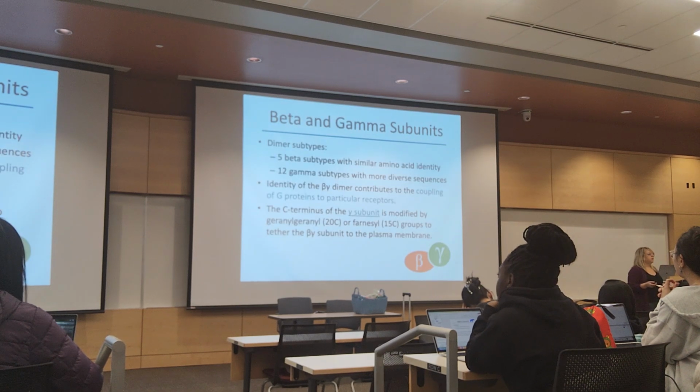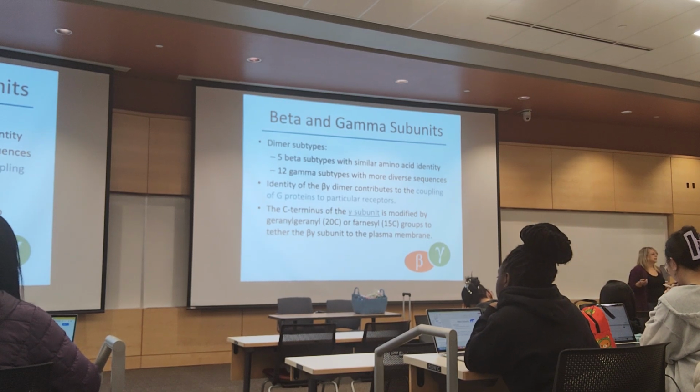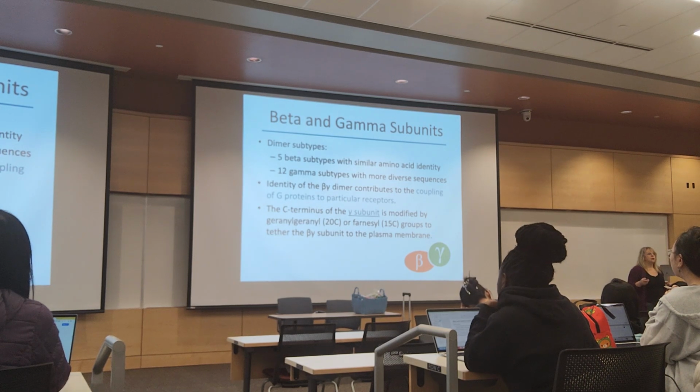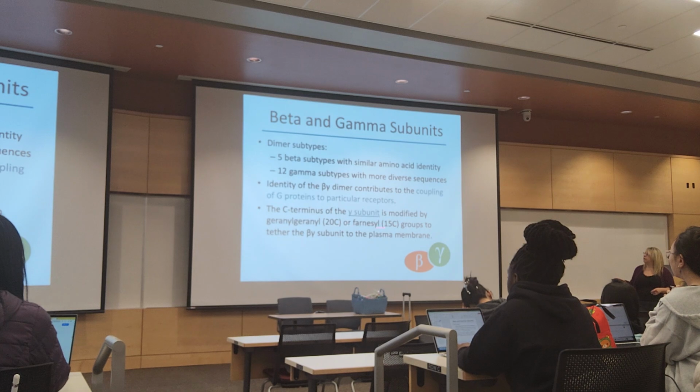And suffice it to say, I feel like we often neglect the beta-gamma dimer, but it does have some intrinsic activities itself. Of course, through that lipid moiety that's found at the end of the gamma subunit that's going to help to anchor this to the plasma membrane. These 20-carbon and 15-carbon geranyl and farnesyl groups are going to bring it there.